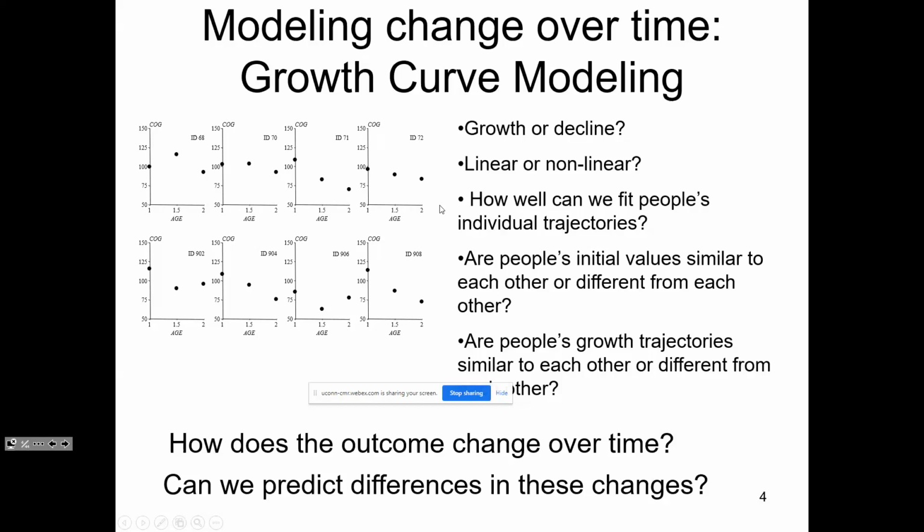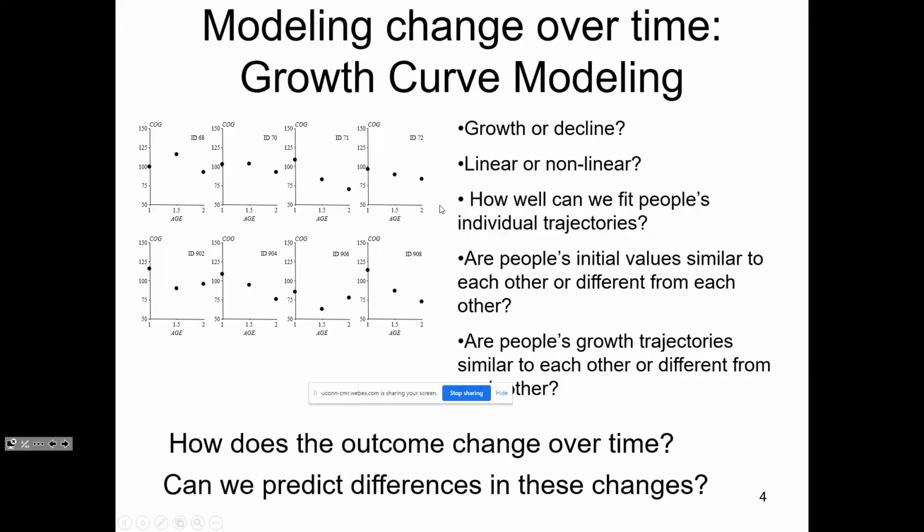And then once we actually have data, we're going to be thinking on two different levels about these data. How well can I fit people's individual growth trajectories? I'm going to be really interested in how people change within themselves over time, right? How do people change across time, and how well can I actually fit a trajectory to that person's change?